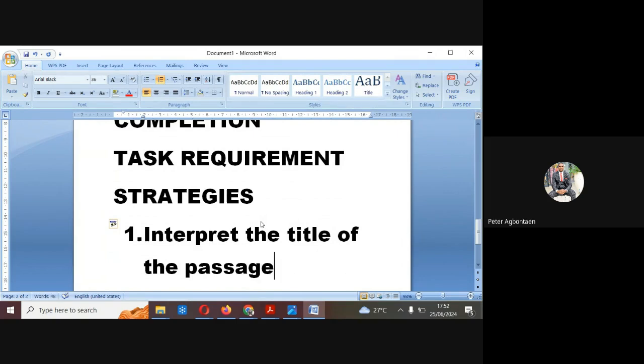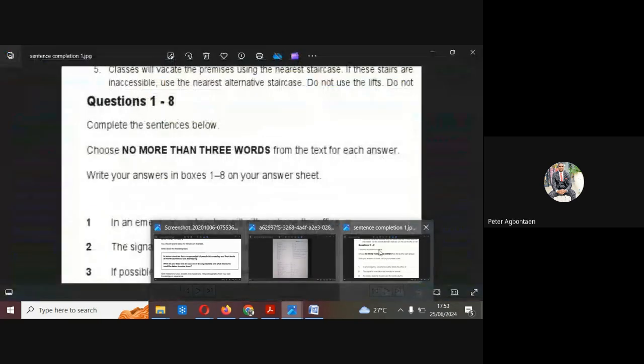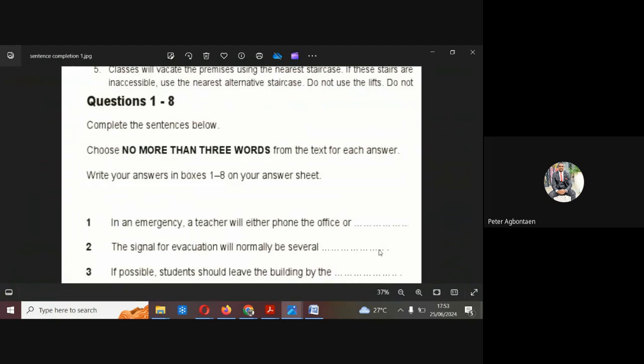Now, what in the world does that mean? It means you go to the passage and read the title, the heading and the subheading, and from there you want to make some sense of the passage and figure out what the passage is dealing with from its title.